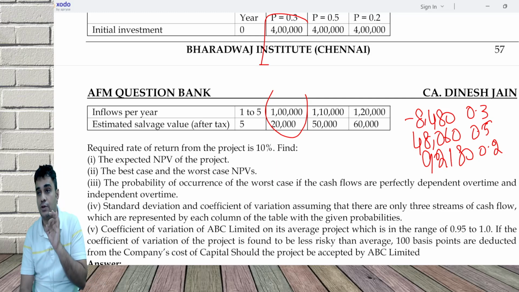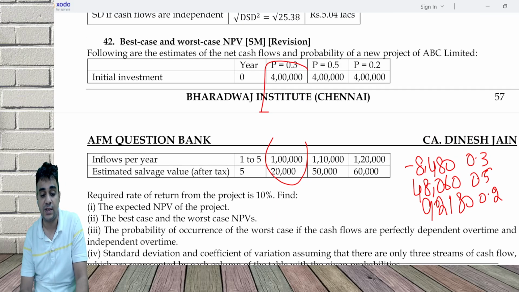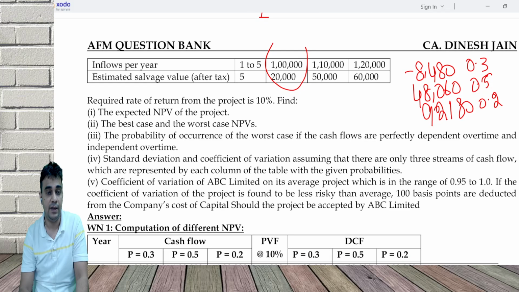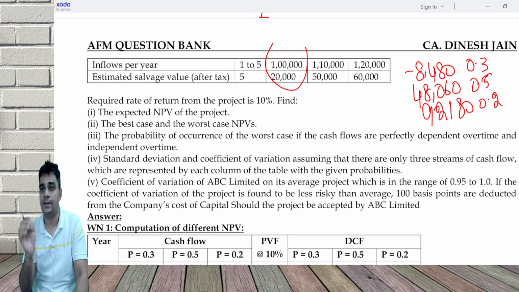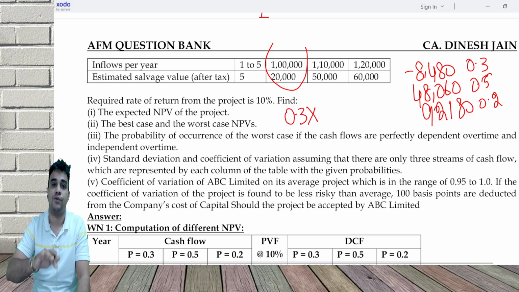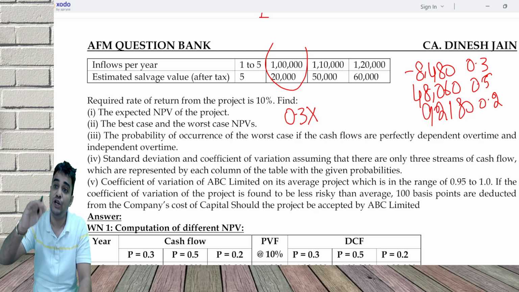Probability of the worst. If the cash flows are dependent, worst is basically 0.3. If it's dependent, listen, I toss a coin. First time getting heads is 0.3 chance. Next time it will only be heads. If heads come, it will only continue to be heads.